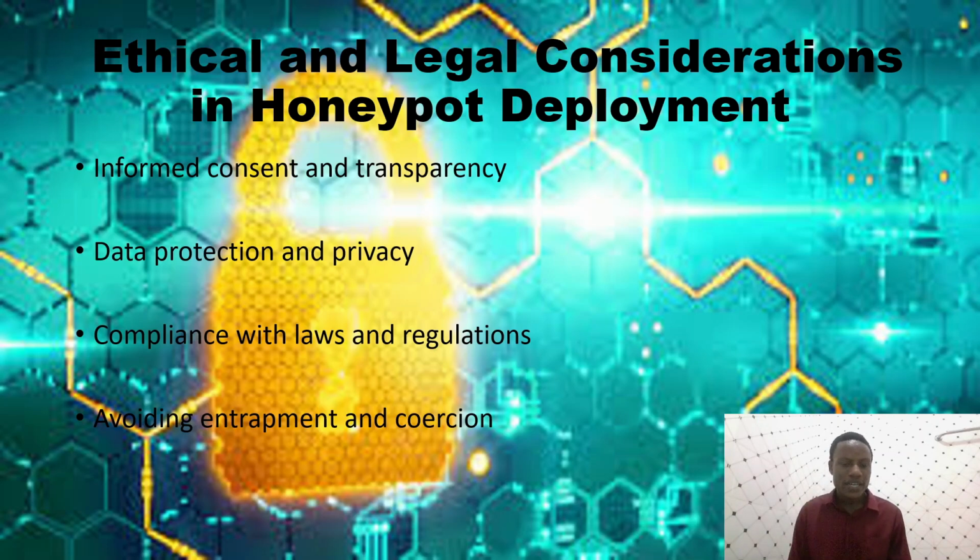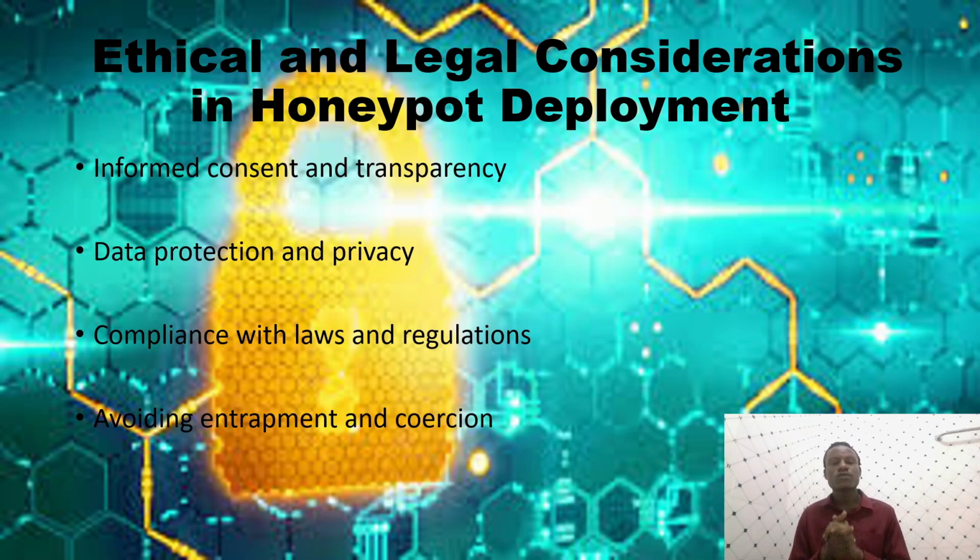So our next point is data protection and privacy. We should also ensure that there is CIA, confidentiality, integrity, and availability in terms of collecting the data. Also, we should protect personal data and maintain the anonymity of attackers and users.